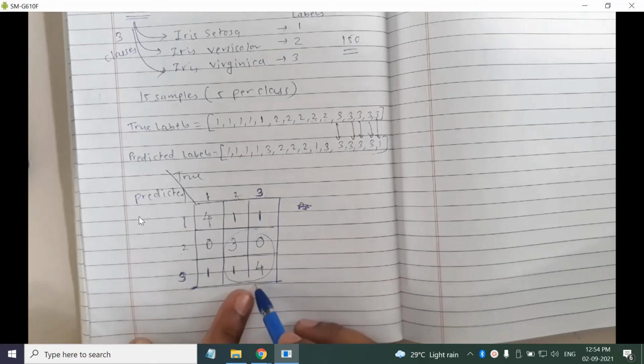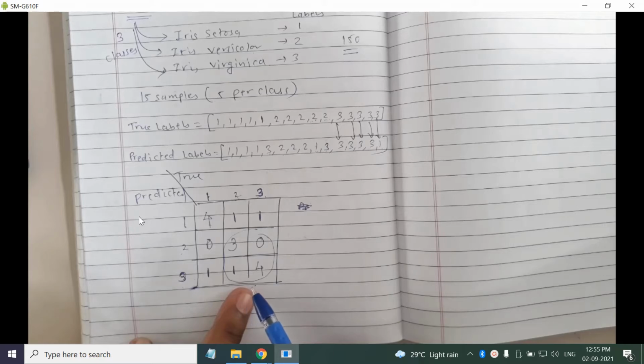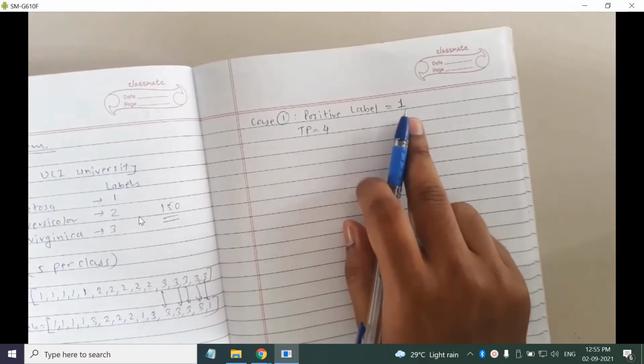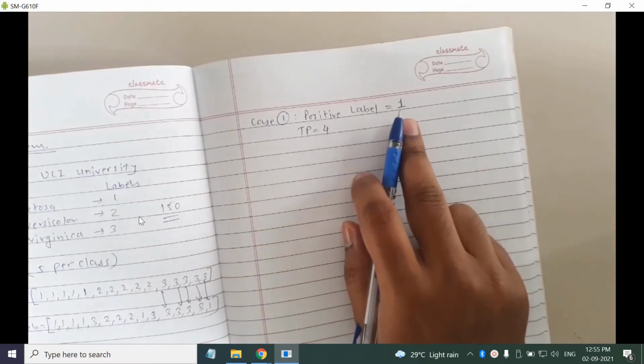That means this is true negative. Any other answer? They are correct. Okay. Now our positive label is 1. We are interested in this label.